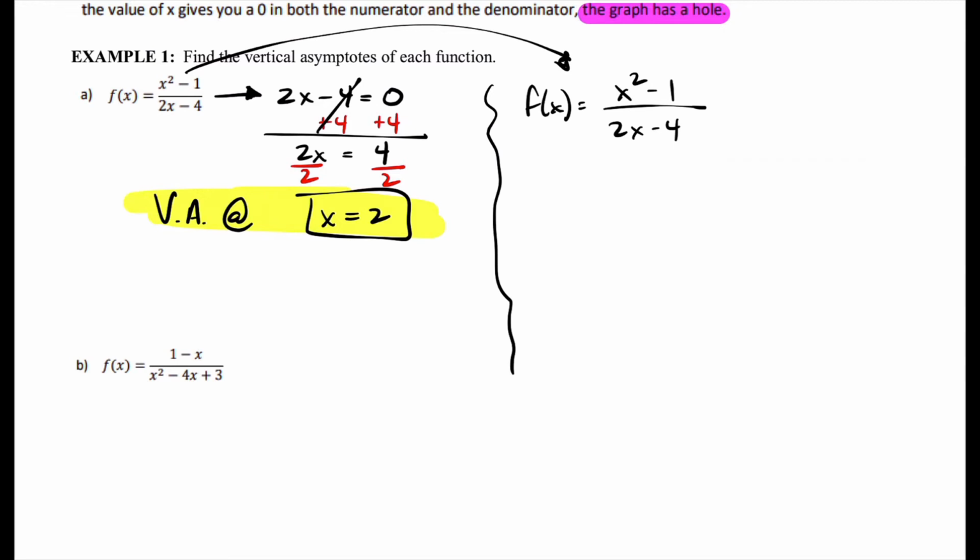If you can factor it, factor it. The top is a difference of squares. The bottom can be divided by 2. Is there anything that cancels out? No, right? Now set the bottom equal to 0.